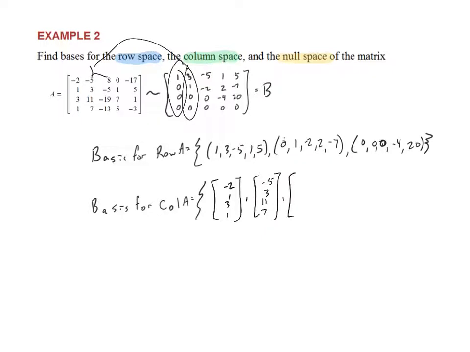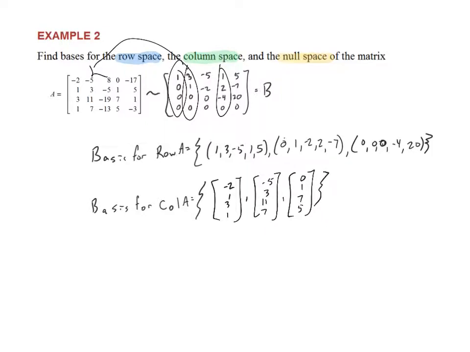And then the third vector in the column space comes from the 4th column, and then I go back to my original matrix A and write down column 4, which is 0, 1, 7, 5.